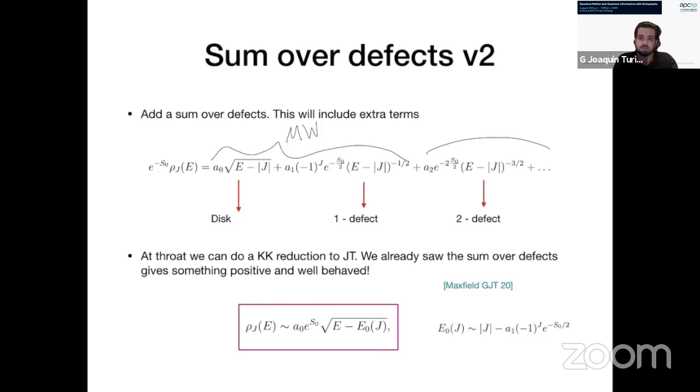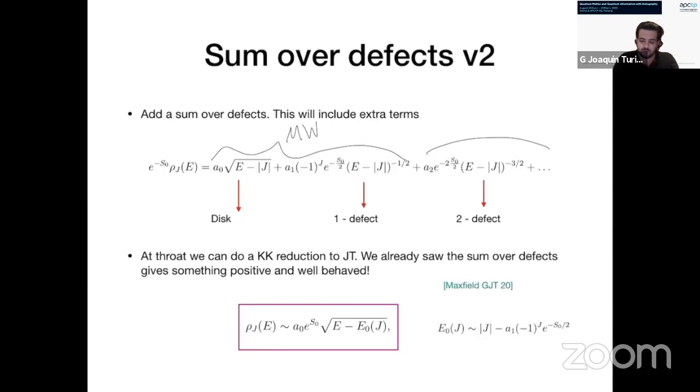So these are not saddles. Each defect looks locally like a horizon of an SL2C black hole, and there is no solution with more than one horizon. But what we argued in this paper is that in pure gravity you can trust these corrections, and they resum into a shift of the BTZ extremality bound.